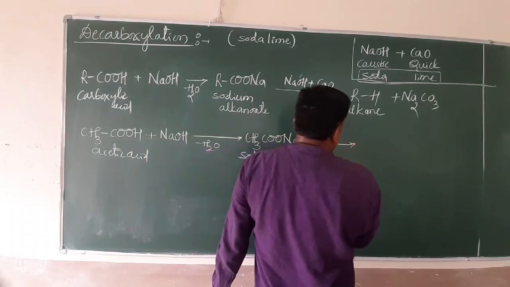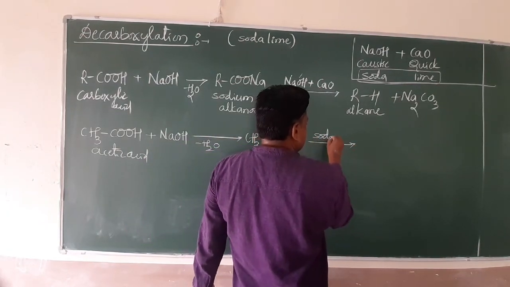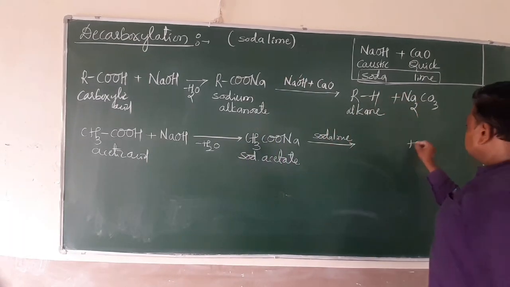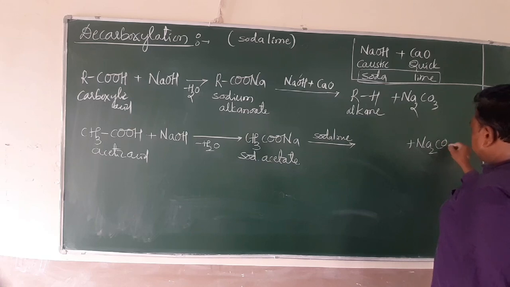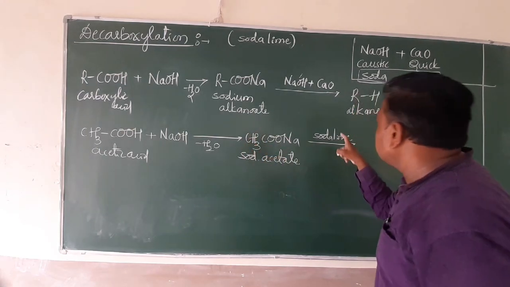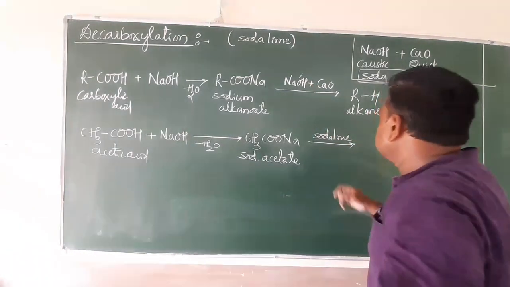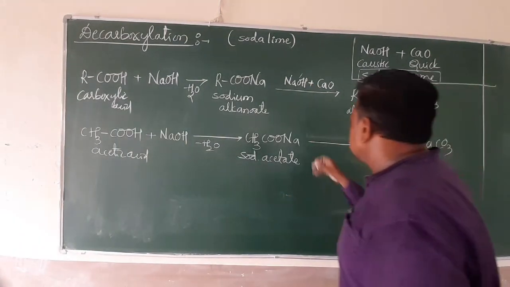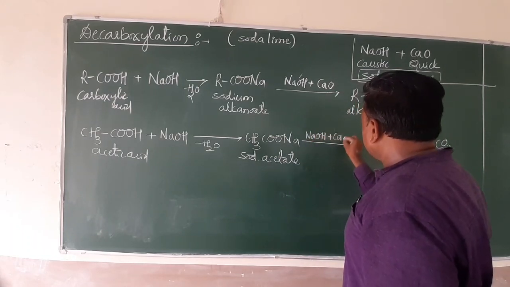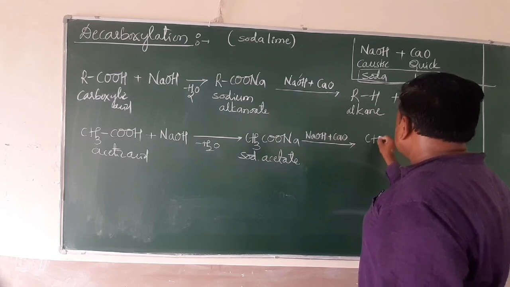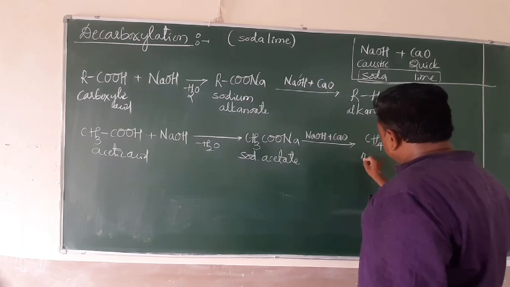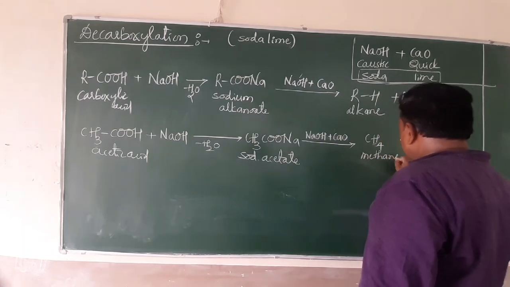When it reacts with soda lime, this is your soda lime, it releases sodium carbonate, Na2CO3, and what remains is CH3 only and H. You can mention the soda lime as NaOH plus CaO, and CH3 is combined with H to form CH4. So the name of this compound is methane.